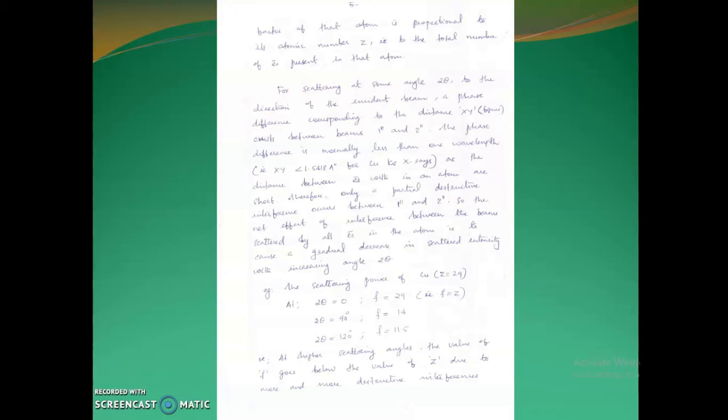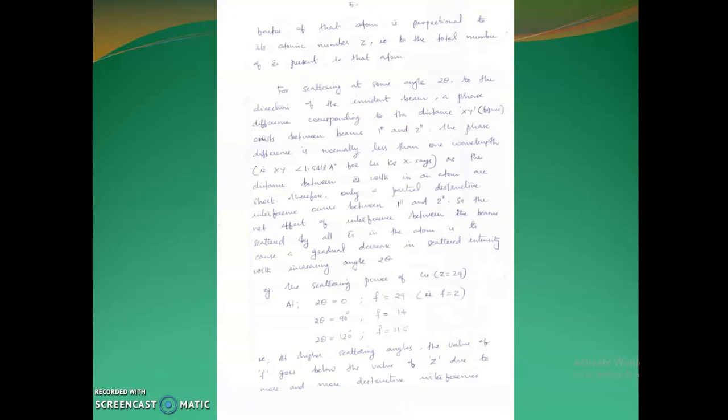So at higher scattering angles, the value of F goes below the value of Z. As you see here, as scattering angle increases, the value of F goes below the atomic number Z, right? Due to more and more destructive interferences. The reason is destructive interferences.